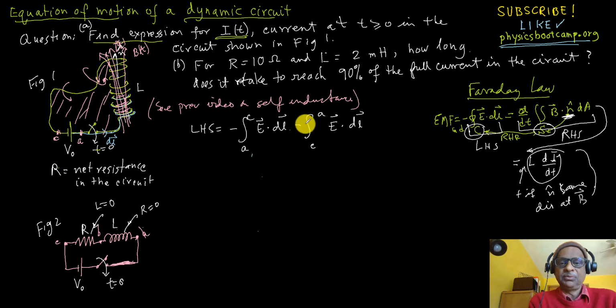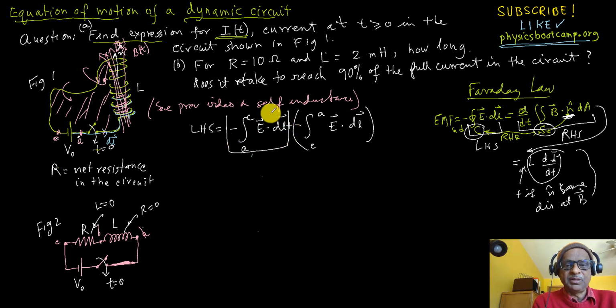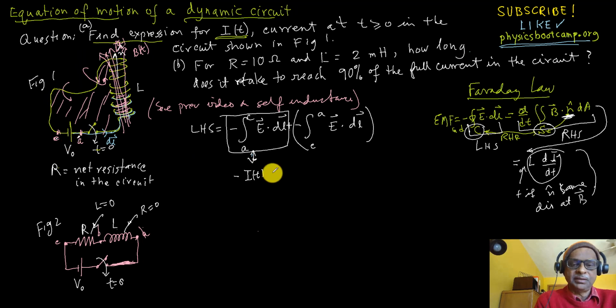If I put a plus, this is the voltage drop across going over there. So this actually picks up the voltage, so this will be plus V. And when I go over here, this is the voltage drop because of resistance, so this can be written as minus I times R for the entire circuit.